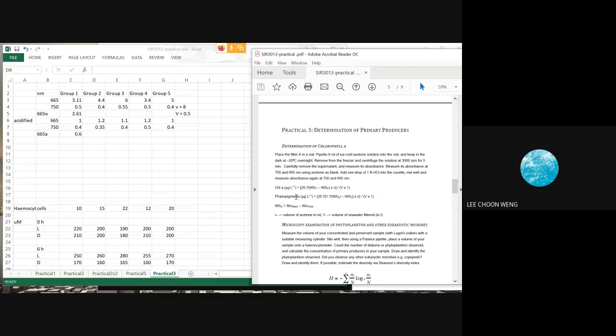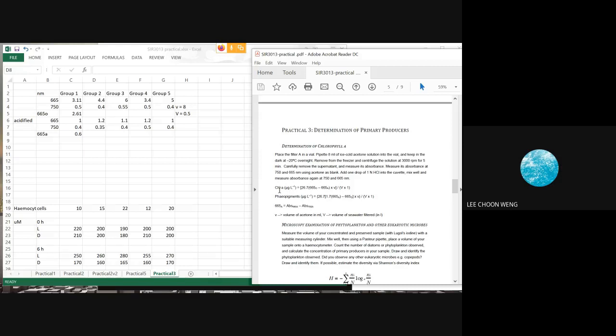What are paleopigments? Chlorophyll A shows the total chlorophyll pigments in your water, but some of the chlorophyll A pigments are actually degraded. If your phytoplankton is eaten by zooplankton, or your phytoplankton died, then the chlorophyll A will slowly degrade into paleopigments.